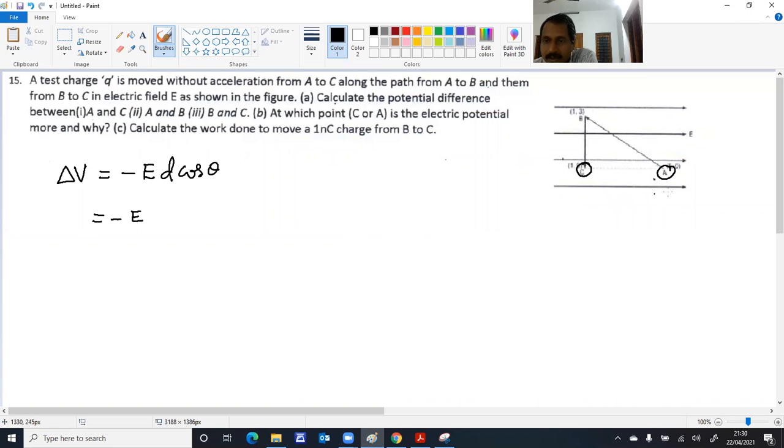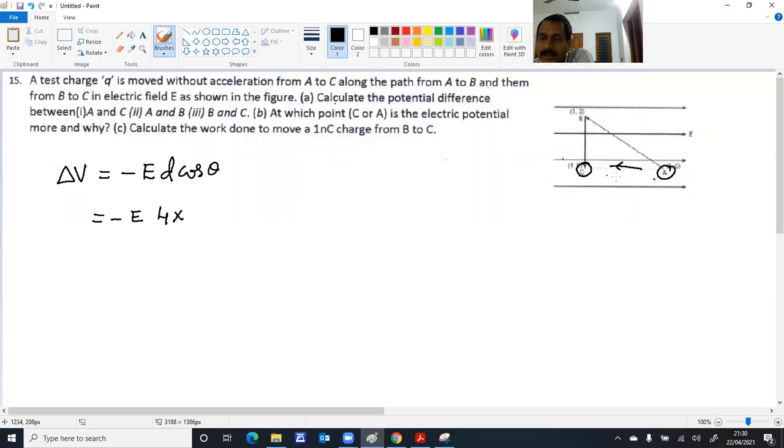Then cos theta. Because the charge is going from A to C, cos theta is 1.